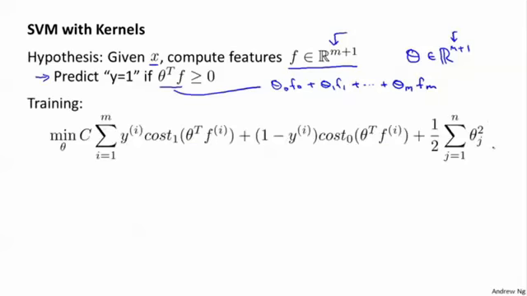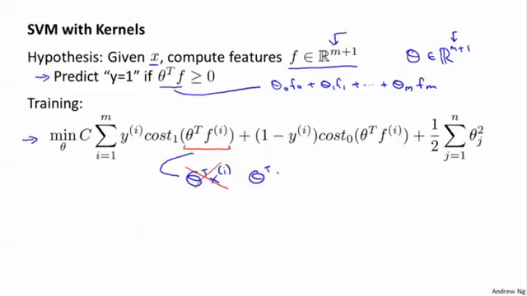How do you get the parameters theta? Well, you do that using the SVM learning algorithm. Specifically, you solve this minimization problem: you minimize over the parameters theta C times this cost function which we had before. Only now, instead of making predictions using theta transpose xi with our original features xi, we've replaced them with the new features.